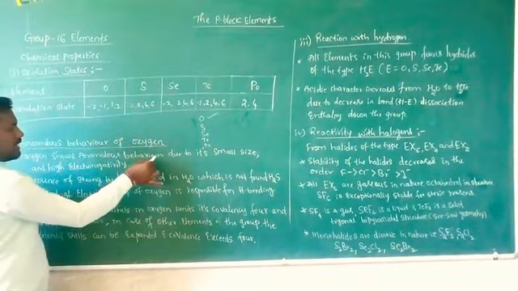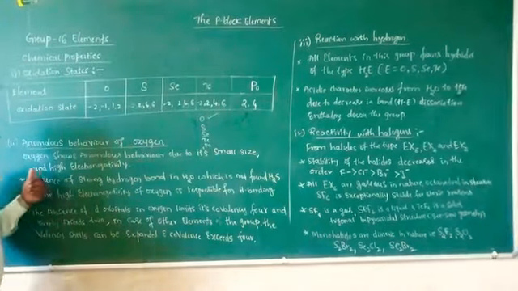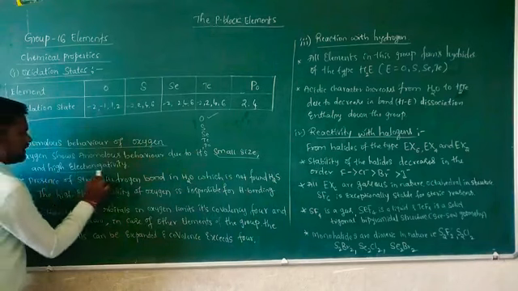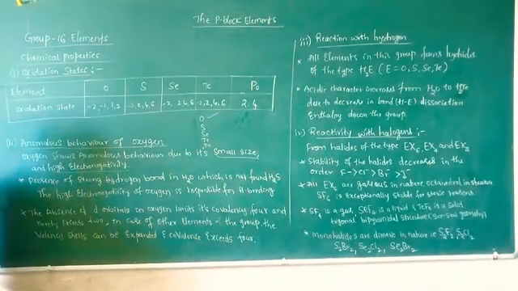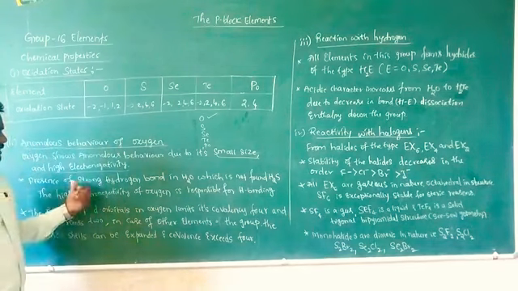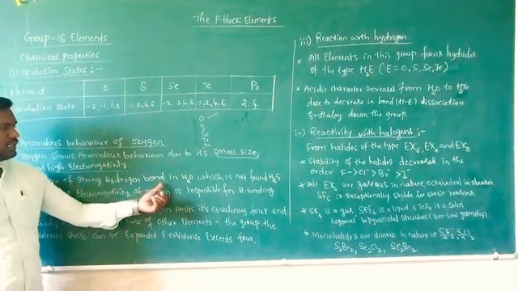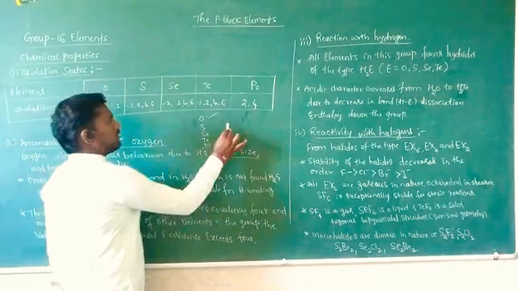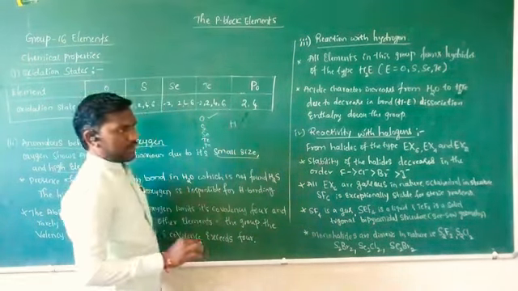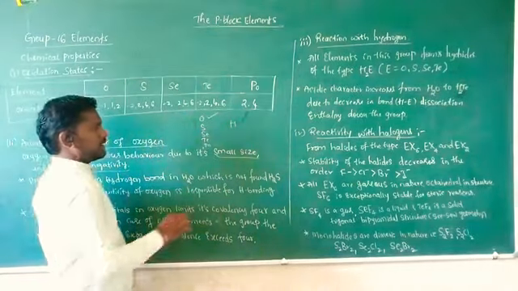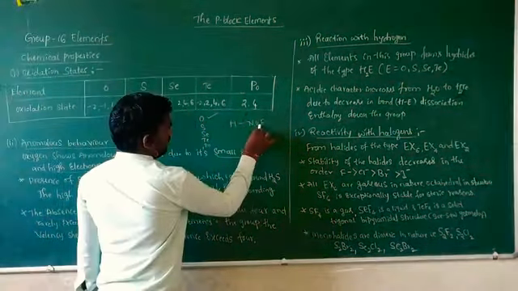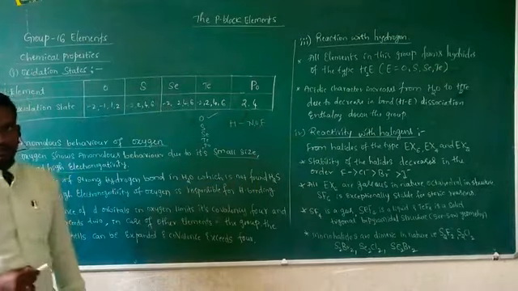Oxygen shows anomalous behavior due to its small size, high electronegativity, and the presence of strong hydrogen bonding. For example, what is a hydrogen bond? Hydrogen has the ability to bond with nitrogen, oxygen, and fluorine.